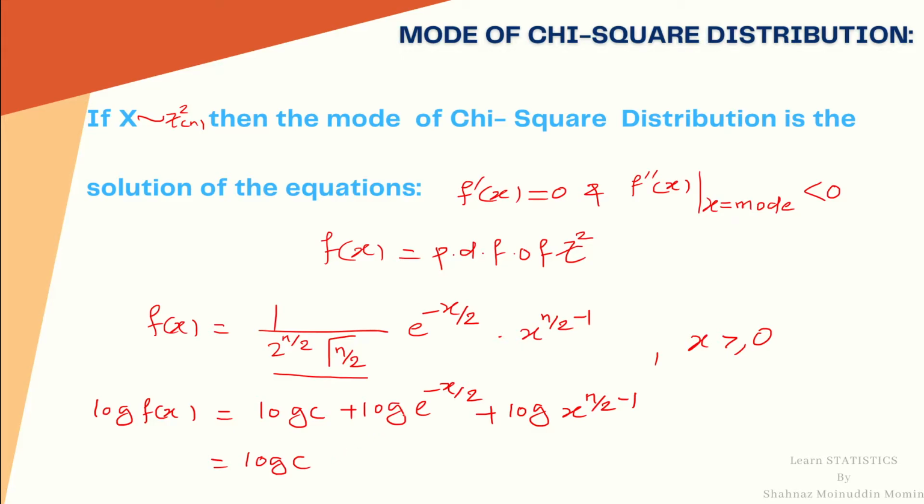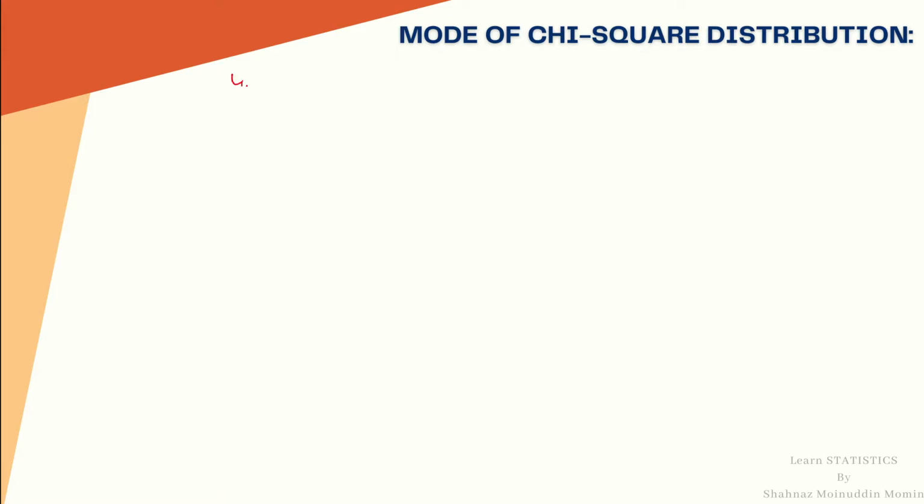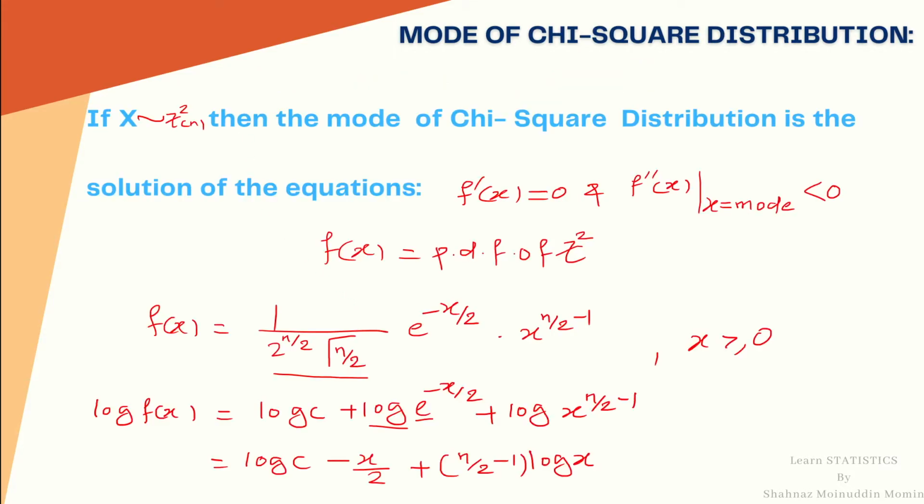Since we are taking the natural logarithm, the log and the exponential function cancel, so it is only log c minus x by 2 plus n upon 2 minus 1 into log of x, where log c is equal to log of 1 by 2 raised to n by 2 gamma n upon 2. Let me call this equation number 1.